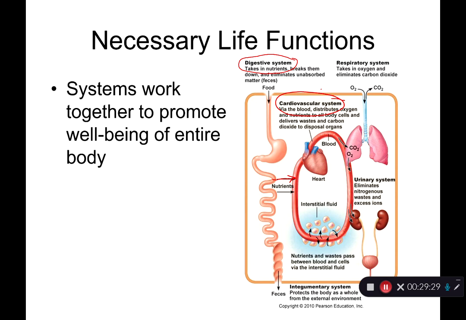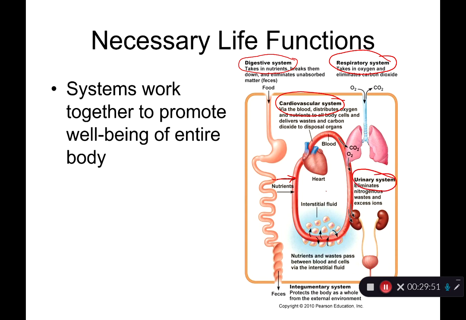Now those nutrients are moving through your bloodstream. But we also know our cardiovascular system is intimately linked to our respiratory system. This is how we're putting oxygen into our blood and getting rid of CO2. We also know that the cardiovascular system is intimately linked with the urinary system. This is how we're getting rid of wastes.